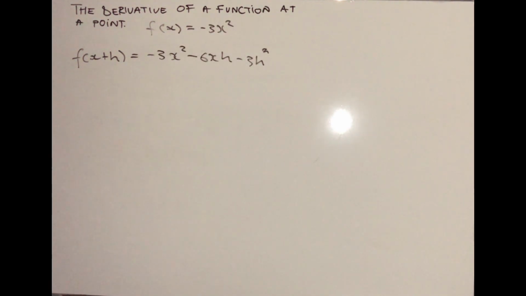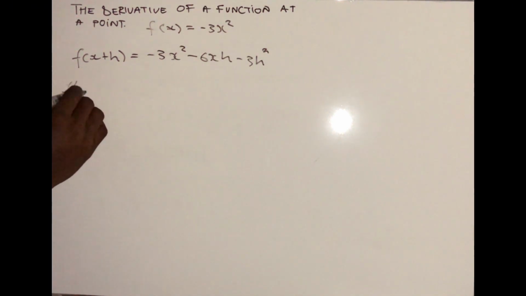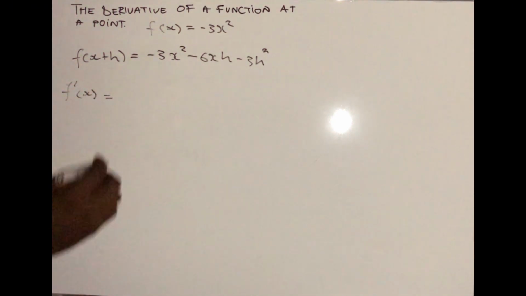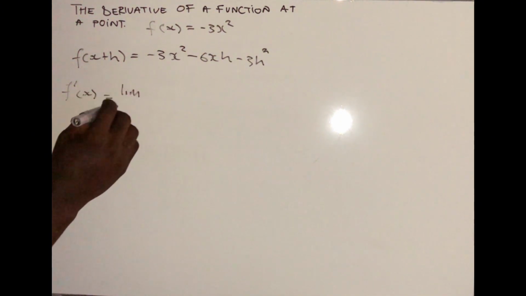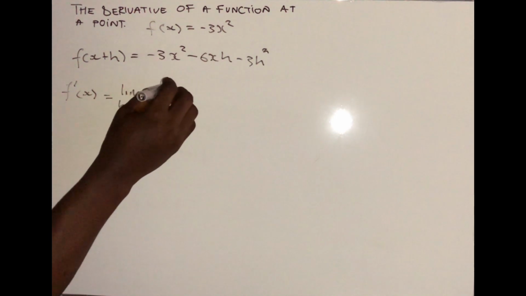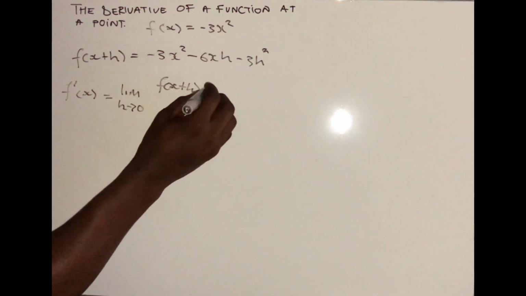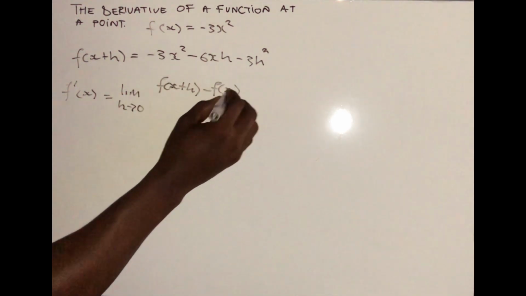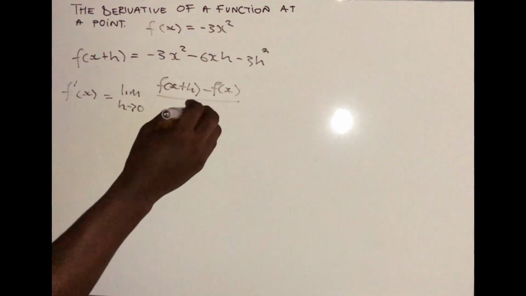So now let's use the formula. The formula says f prime of x is equal to the limit as h approaches 0 of f of x plus h minus f of x over h.